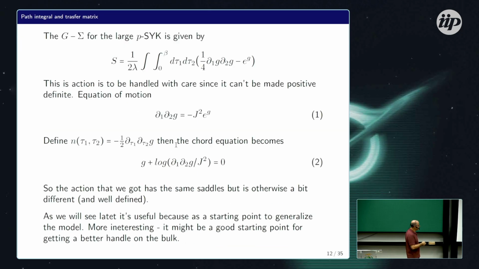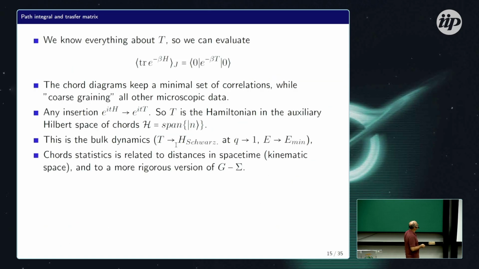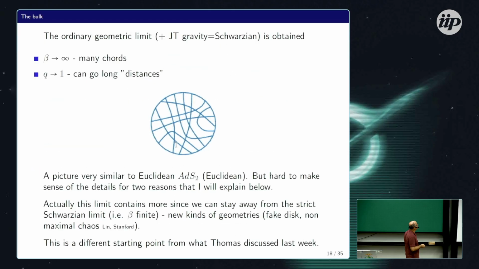Okay, so this is useful as a starting point for generalizing the model, and you can fantasize maybe this is useful for understanding the bulk. So let me just jump ahead a little bit, and then I'll go back. Why do you think this might be useful? Working in the beta going to infinity limit, we have many chords because we take e to the minus beta h, which is a large beta.